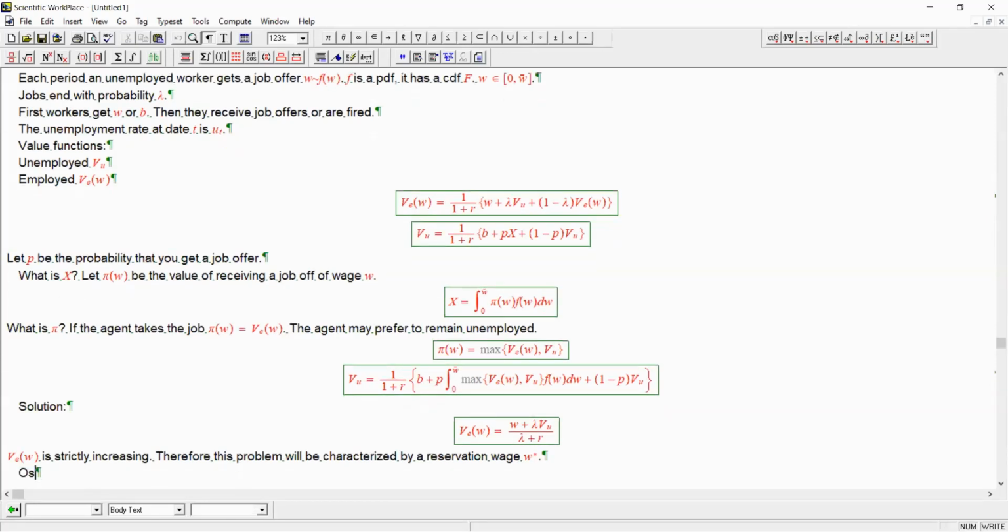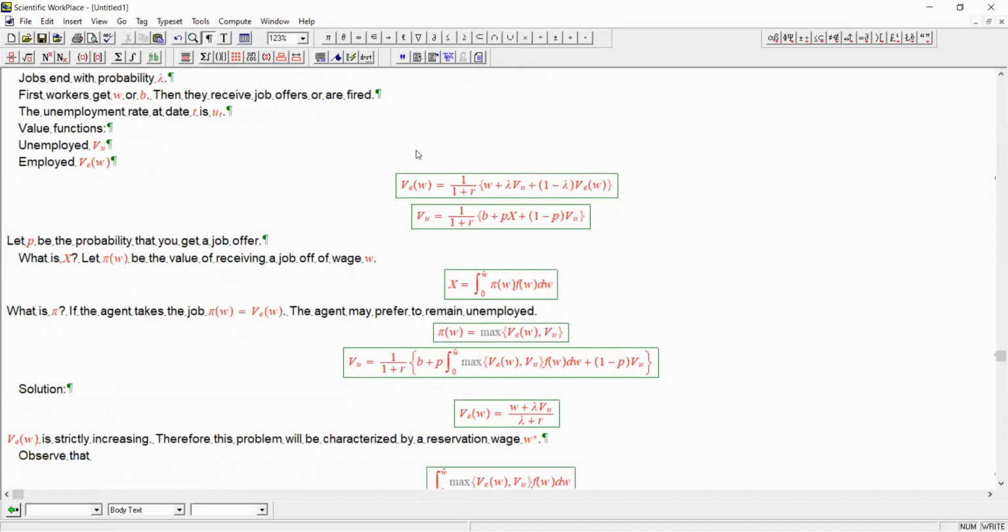Observe that this expression, the expected value of a job offer conditional on having received one, can be rewritten as follows.